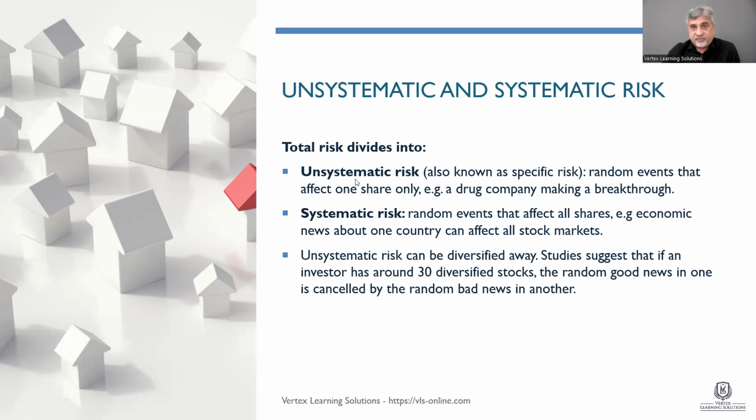Unsystematic risk, the first one, can be diversified away. How can you diversify? For example, I go into the auto sector, and then maybe some other sectors as well, any sector. Diversifying means that there is not a fixed number, but there is a belief that if you keep 30 different types of shares in your pool, you can diversify the risk. Because if one share is going down, the other one is gaining.